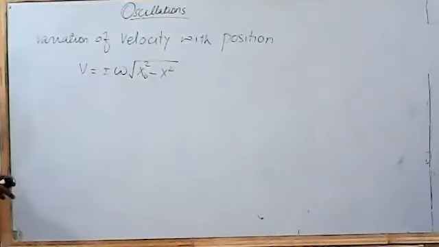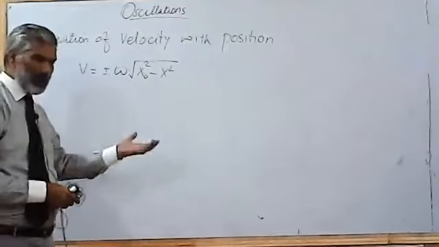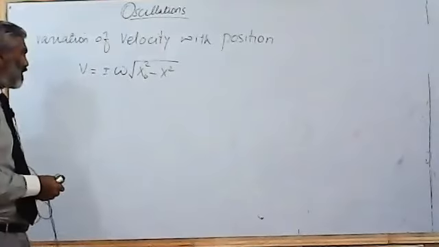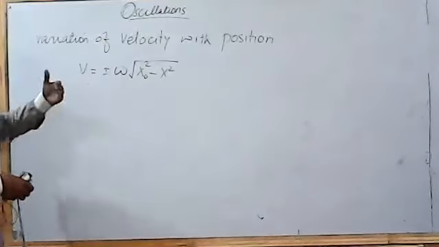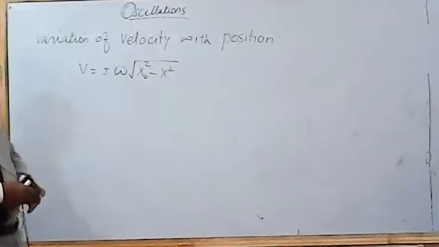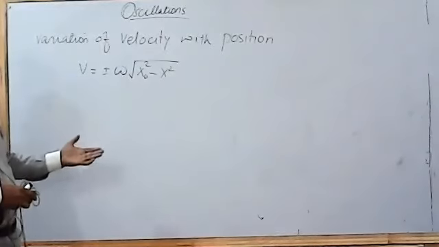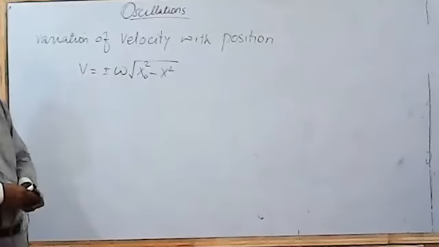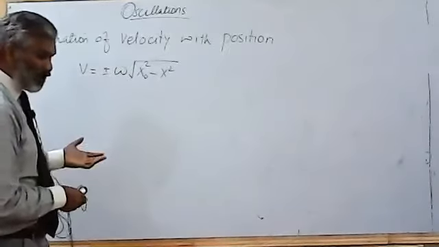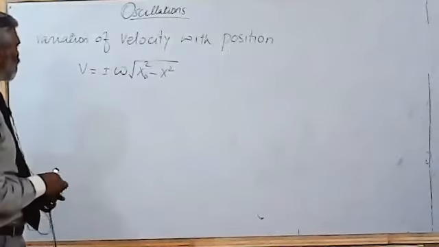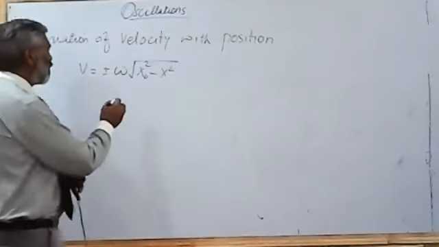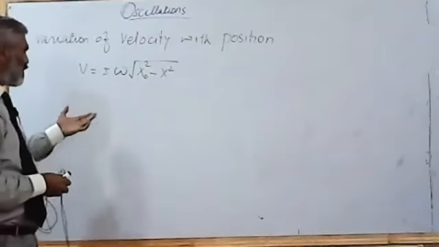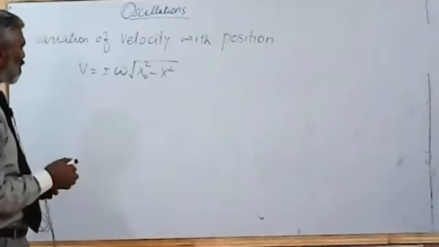This equation, which of course is a solution of a certain equation that is beyond the scope of your syllabus, needs to be recalled to solve various problems. That means you need to memorize it, practice it, and understand the significance of each term in this formula. But we do not have to derive it from the second order differential equation. That is not something we have to worry about.